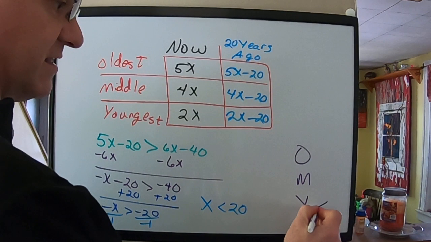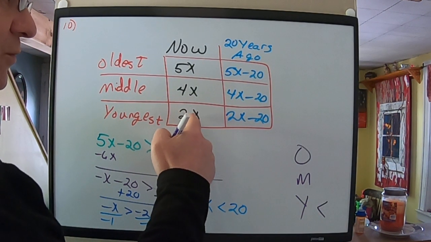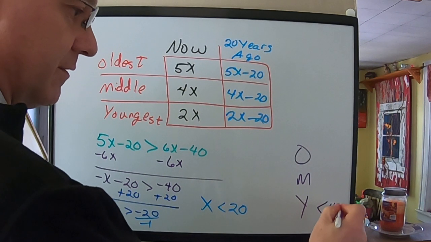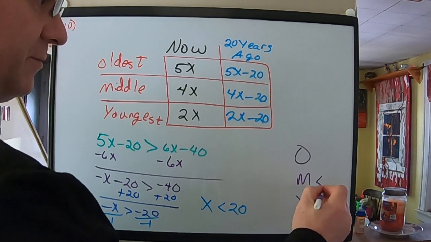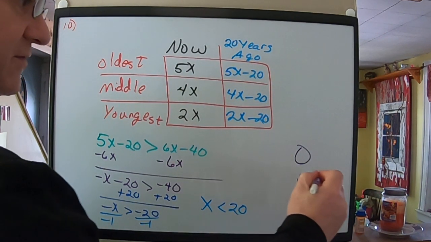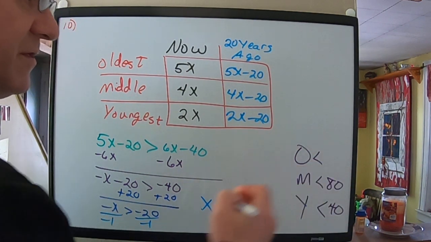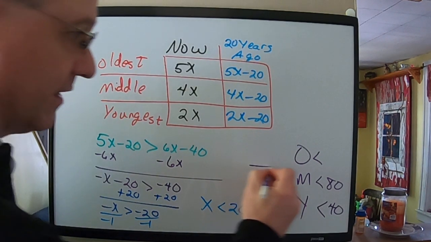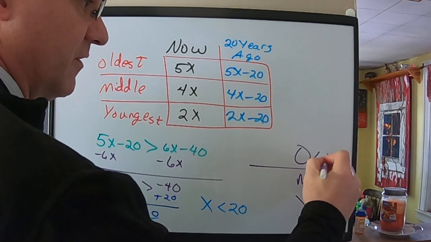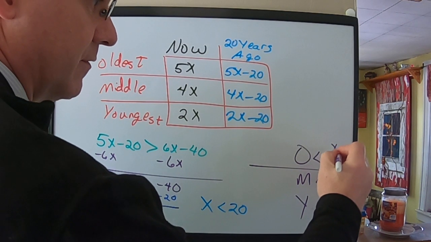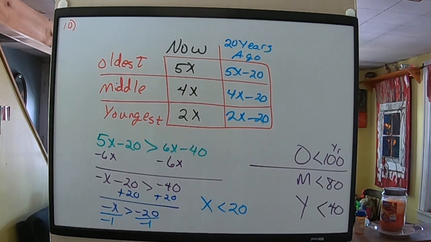So the youngest has to be less than 2x, or 40. The middle would have to be less than 4 times x, or 80. And the oldest, which is what they want, 20 times 5 is 100. The oldest has to be less than 100 years.